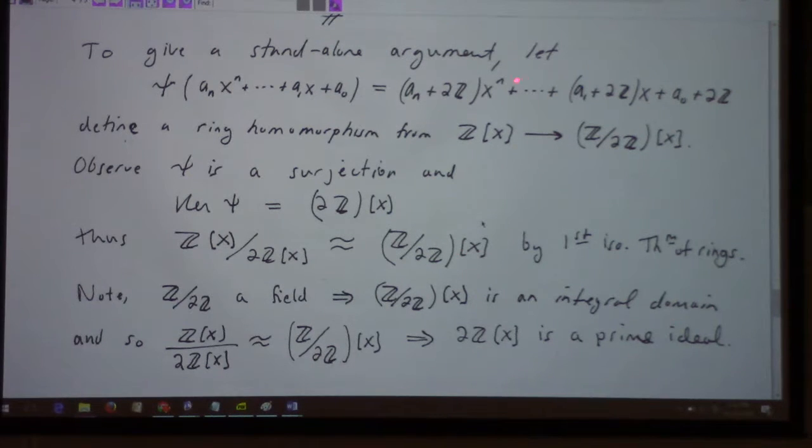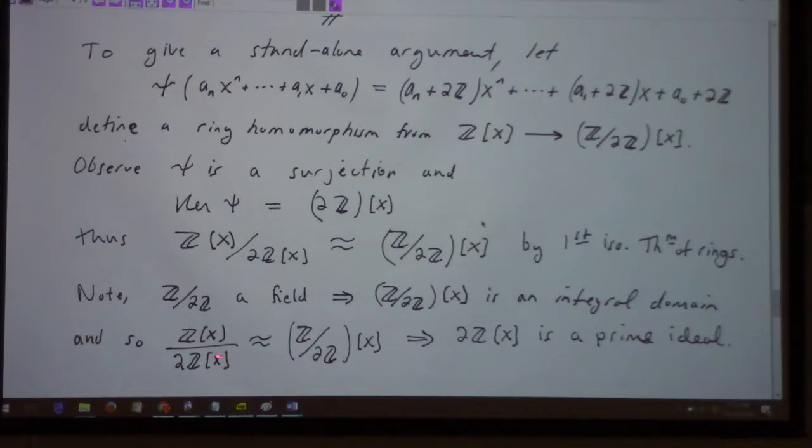You can prove that this is a surjection because it's pretty obvious. If you take an arbitrary element in Z mod 2Z[x], well, what maps to it? This. So the formula is almost a proof of surjectivity. And consequently, this is isomorphic to that.